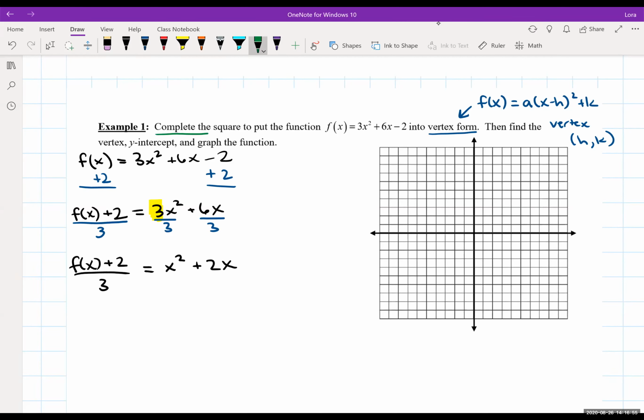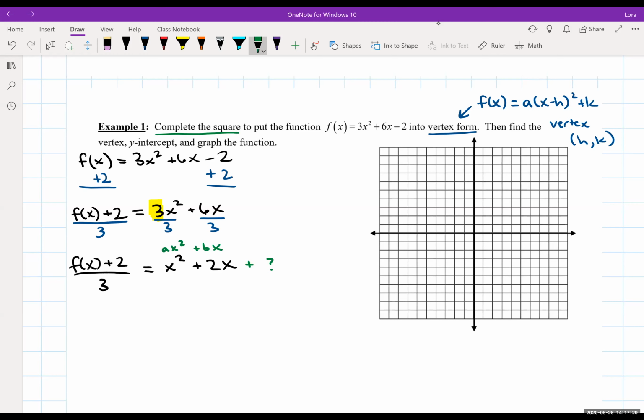If you remember, and even if you don't, I'll remind you, when we complete the square, our job is to figure out what to add to this binomial to make it a perfect square trinomial, which means when you factor it, you're supposed to get repeated factors. The way we do this is we look at the formula, playing with the terms in their generic form: ax squared plus bx.